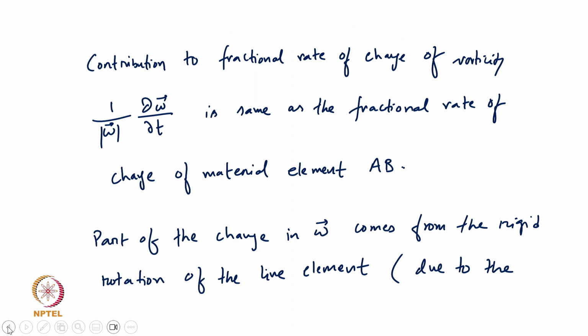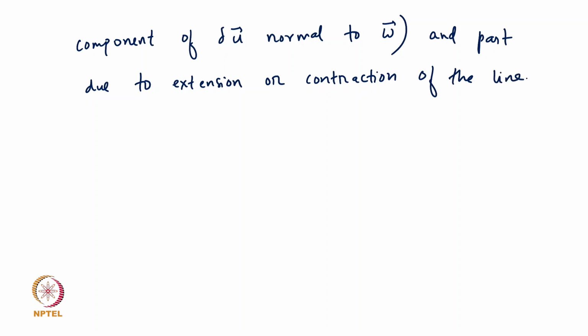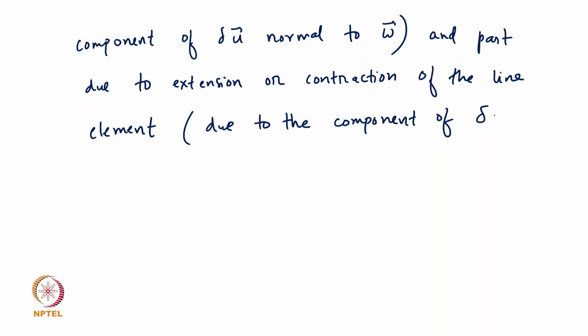It will give an orthogonal velocity to that line element, and part of the change is due to extension or contraction of the line element, which is, you might have already guessed, due to the component of delta u parallel to omega.